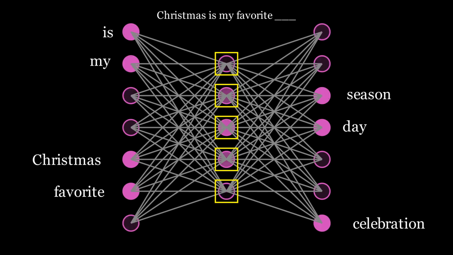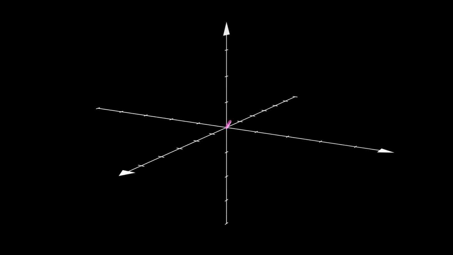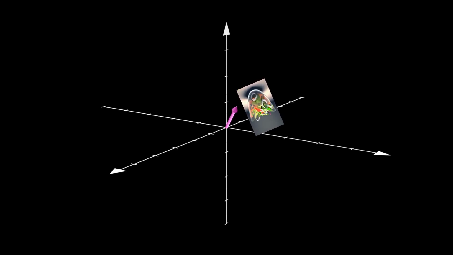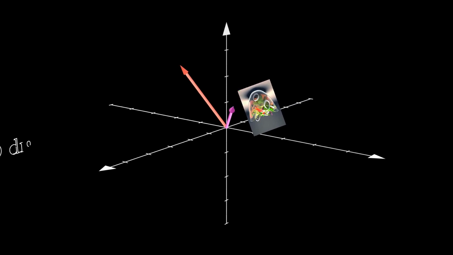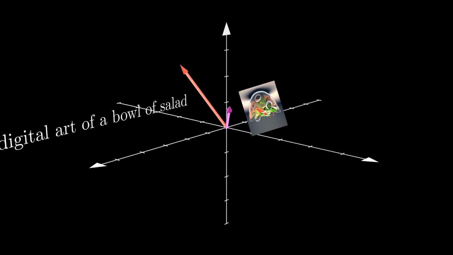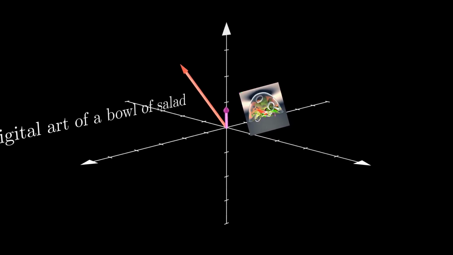So now we want to combine this text vector alongside the image vector that we have. Suppose that after vectorizing the image, we have an arrow pointing in space like the following. Now suppose we have another vector for the following sentence that says "a 3D digital art of a salad". Now both of these vectors mean the same thing.